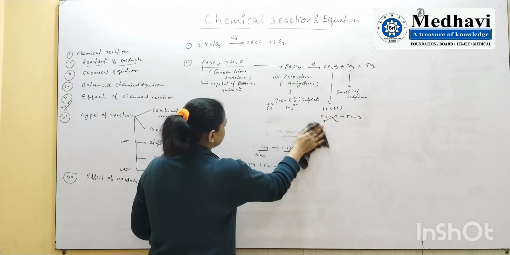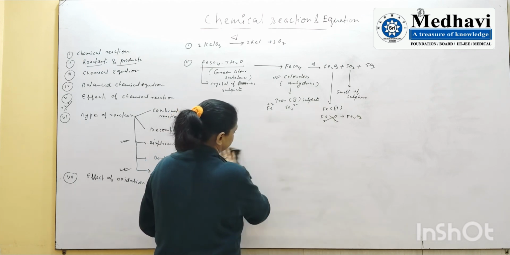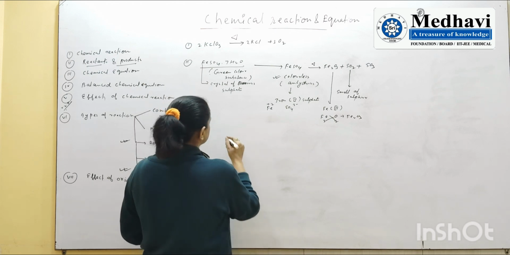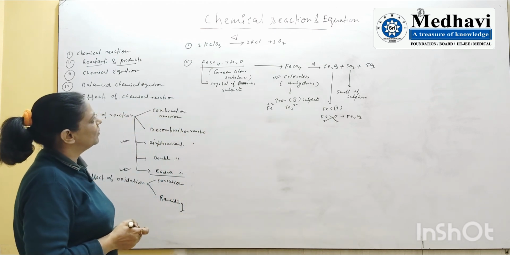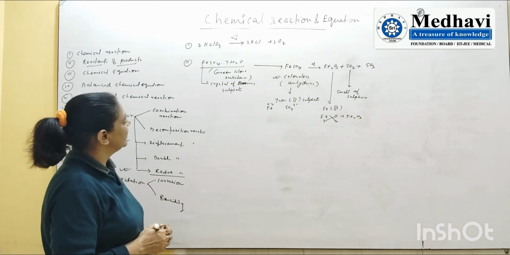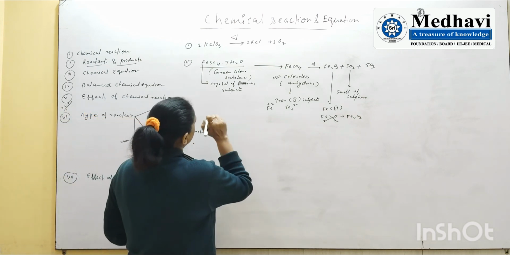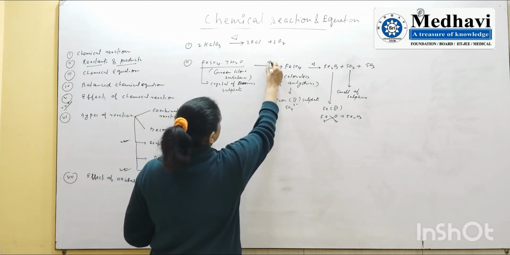Next important reaction that we have to discuss is double displacement reaction. One thing I am missing here, a very important point I forgot to explain: in decomposition reaction, here we are using heat.